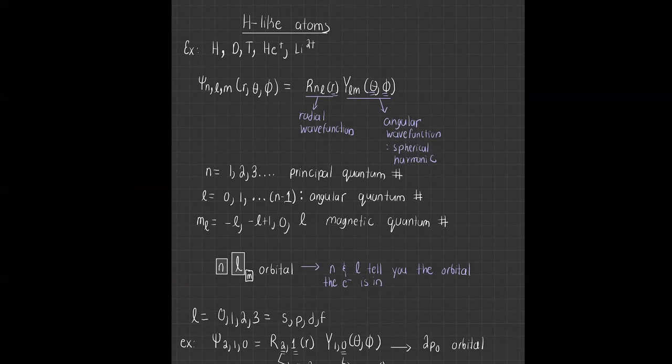So this is going to be made of the radial wave function times the angular wave function. And the reason is that when he solved this in lecture, he used, I believe, spherical coordinates, which has three variables, which are r, theta, and phi.